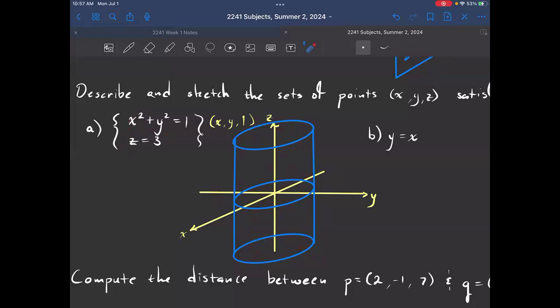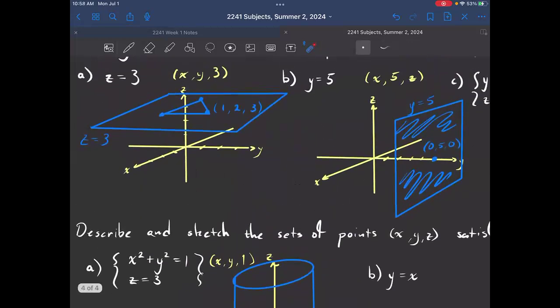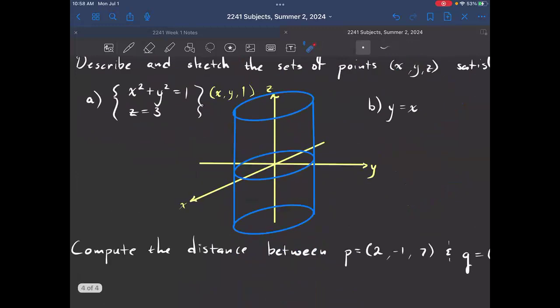Now we have this z equals 3. Remember, z equals 3 was this plane up here, so we can draw that. I'll just kind of scoot it in here. Oop, that's a terrible looking plane. And let's say this is at height 3.